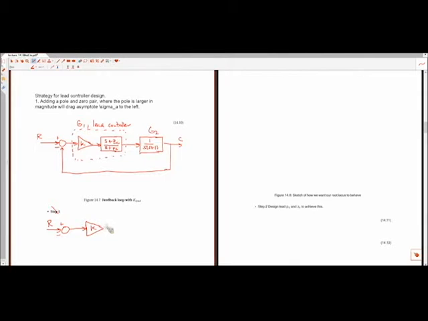Here's our gain k that we're going to vary from 0 to infinity. And everything that has dynamics associated with it, we're going to lump into a single transfer function, which we're going to call g.